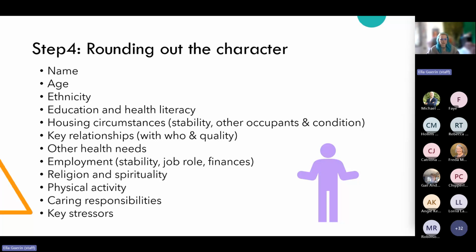Brilliant. So he's got his classmates as key people in his life. We haven't yet had a comorbidity. Would we like to give our character a comorbidity, or are we going to stick with simply the food restriction?